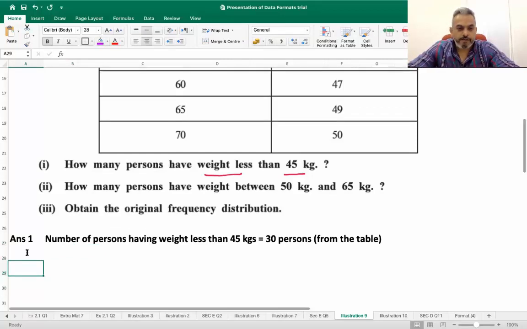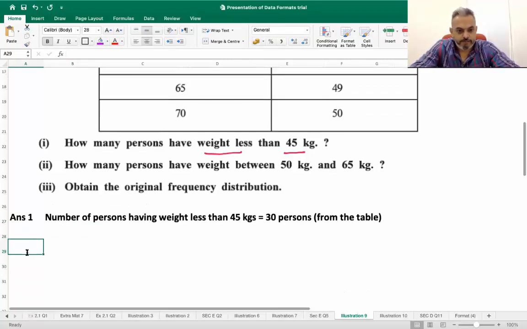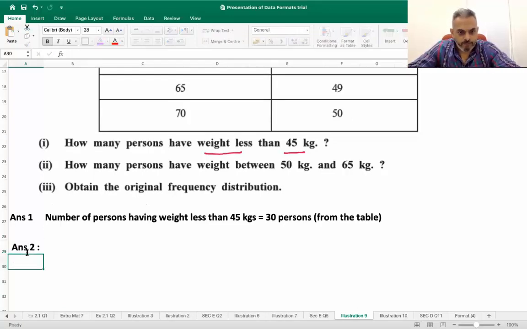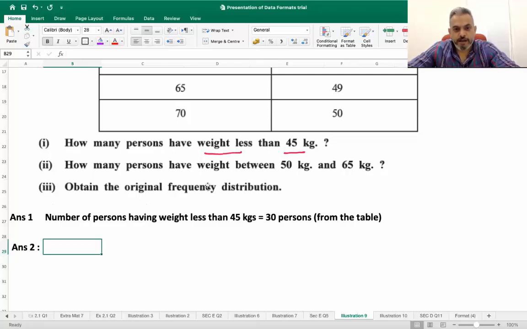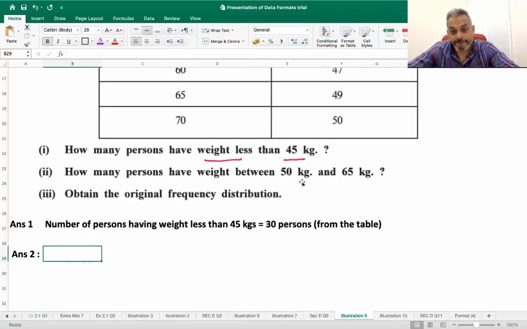Now, the second question. How many persons have weight between 50 and 65 kg?